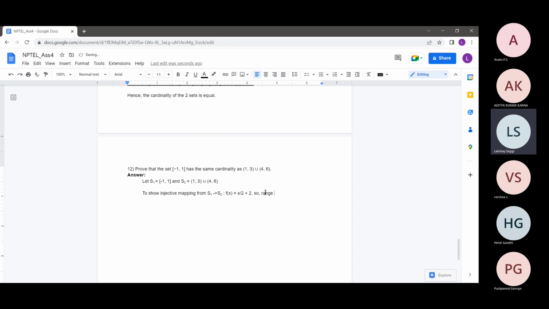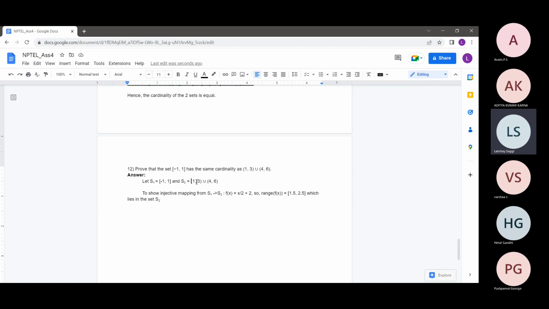I'll just write it out also. The range of f of x is 1.5 to 2.5, which lies in the set S2. Since S2 is from 1 to 3, 1.5 to 2.5 is inside it.